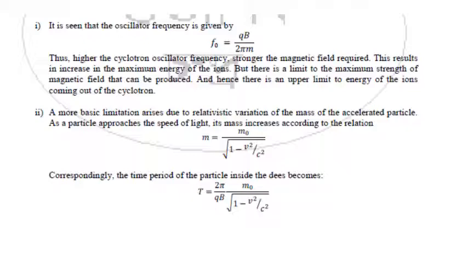The time period will increase, so the particle will come out slightly later than the previous one. If it comes slightly late, this will also change your frequency behavior, and so it is difficult to accelerate the particle after a certain limit.